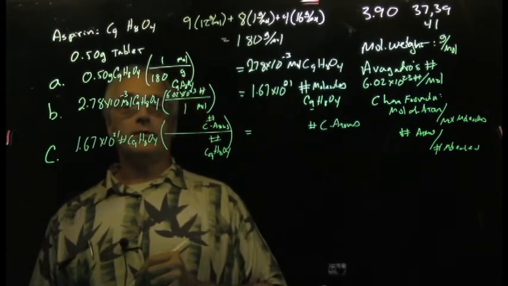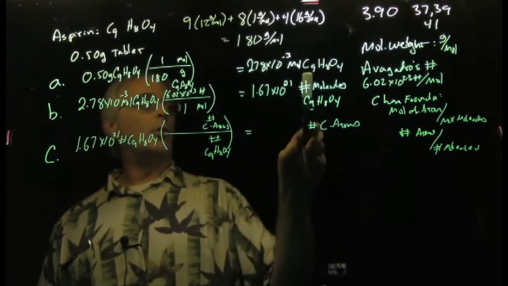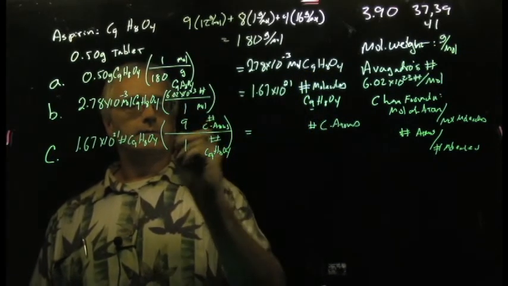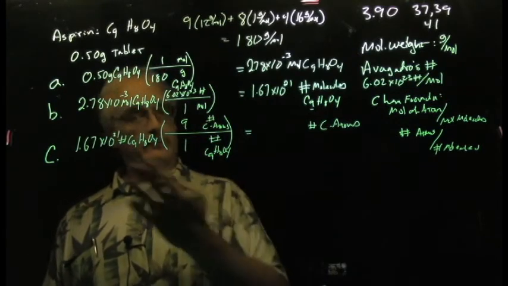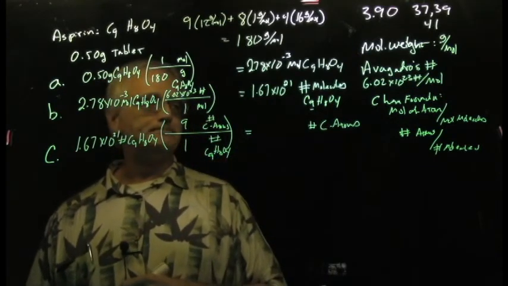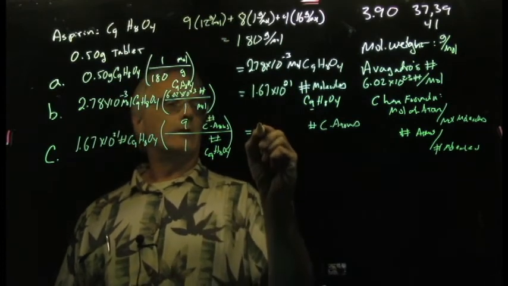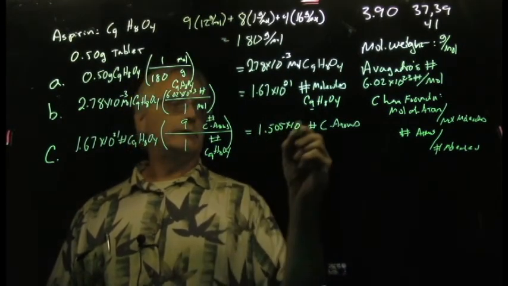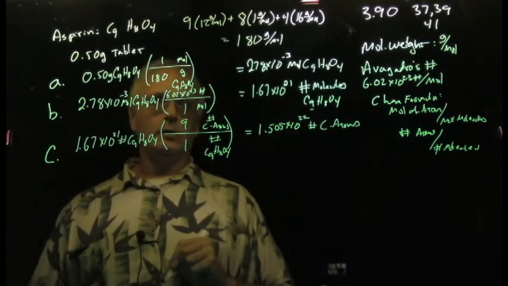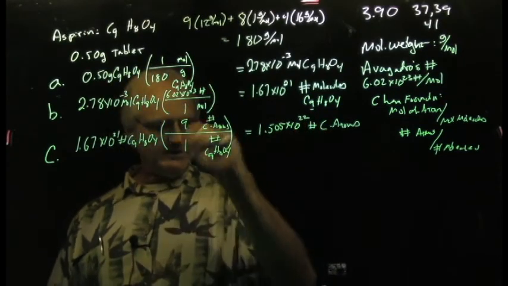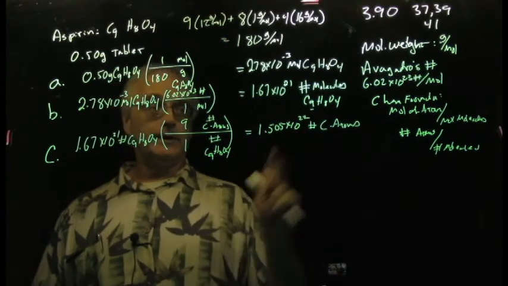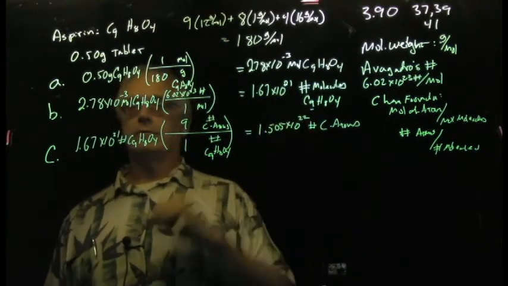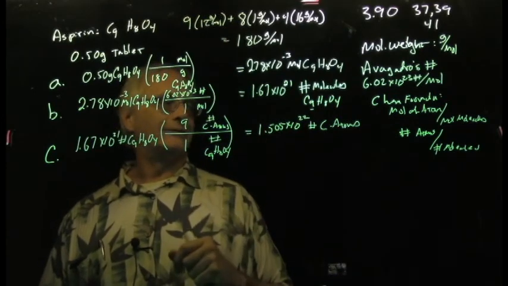The chemical formula tells me for every one C9H8O4, 9 carbons sit in there. Basically, just take that number and multiply by 9. And when you do that, 1.505 times 10 to the 22nd. A whole lot of those little carbon atoms in one tiny little pill. So there you go. Classic turn grams into moles, moles into number of molecules into number of atoms.